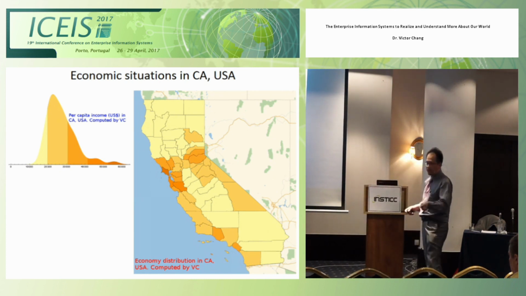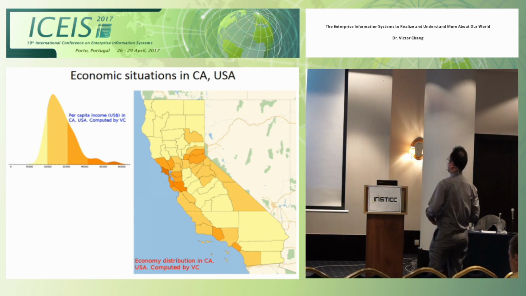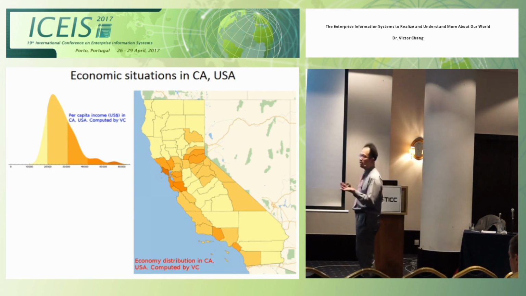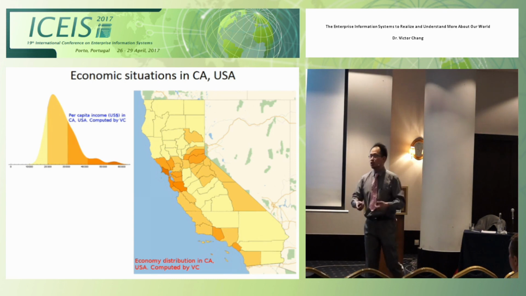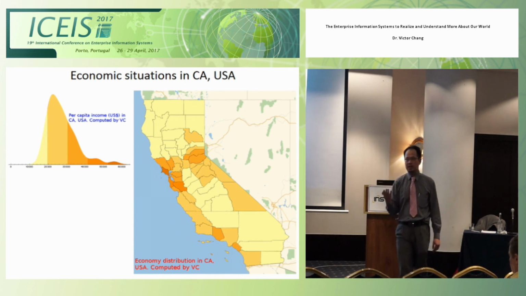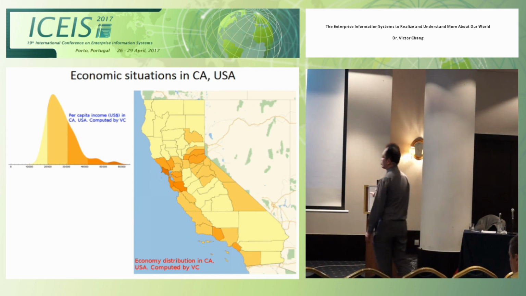So then, how about the economic situation in the USA? In the USA, we have different types of administrative regions, but the economy of the USA always affects the world. So it's also important to understand. So per capita income means the average value for the people in the administrative region, because it's impossible to get the value of individual salary.